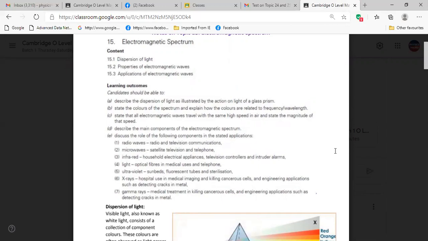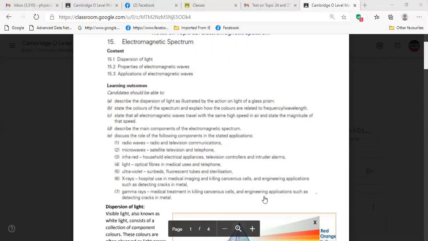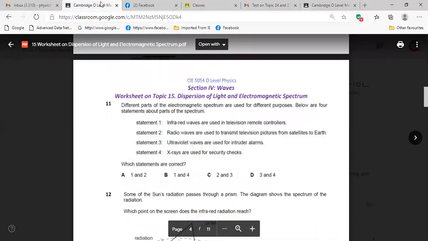What is written there? X-rays are used for security checks.